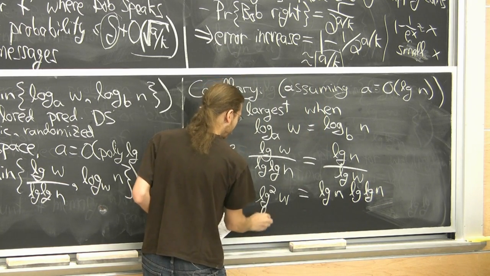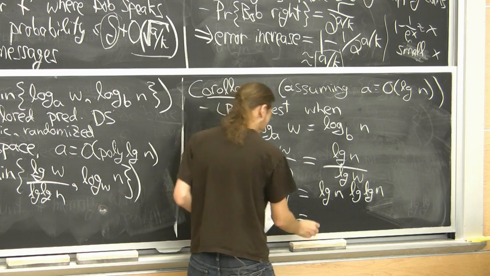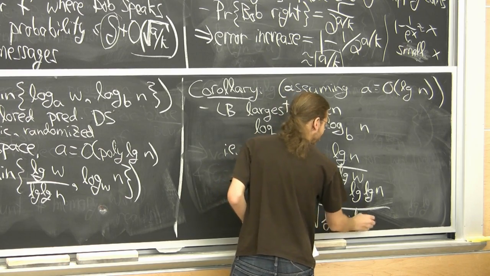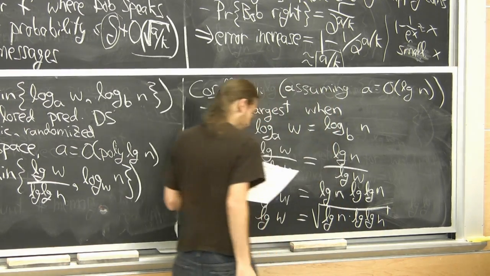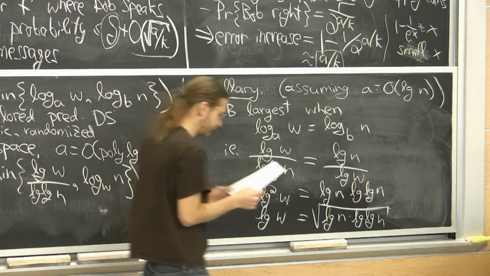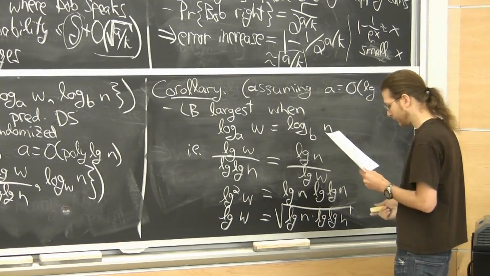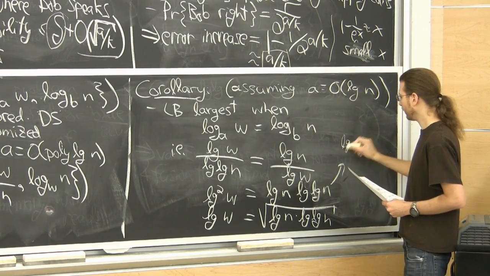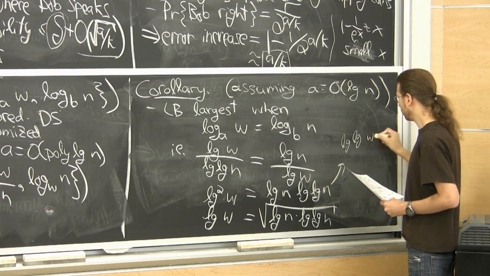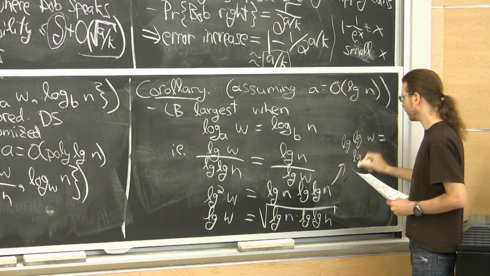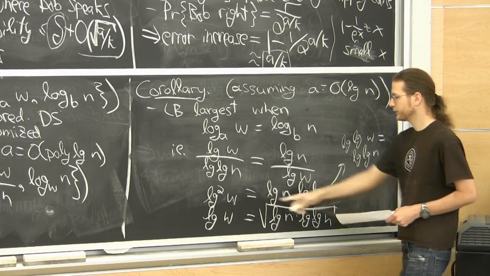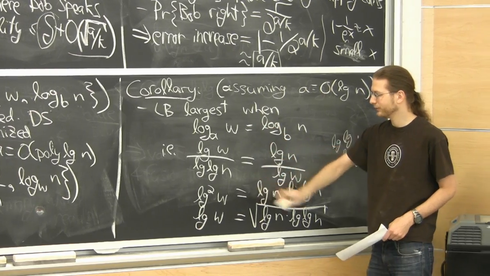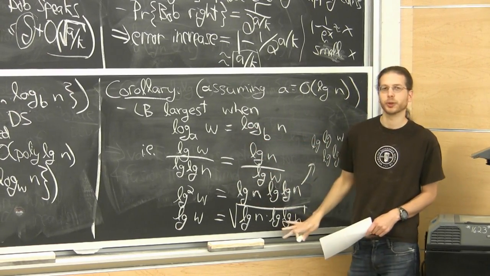And so log w is equal to square root of log n log log n. And you can also take logs, and from this conclude that log log w equals log log n. I'm throwing away constant factors, and when I say equal here, I mean up to constant factors throughout this half board.